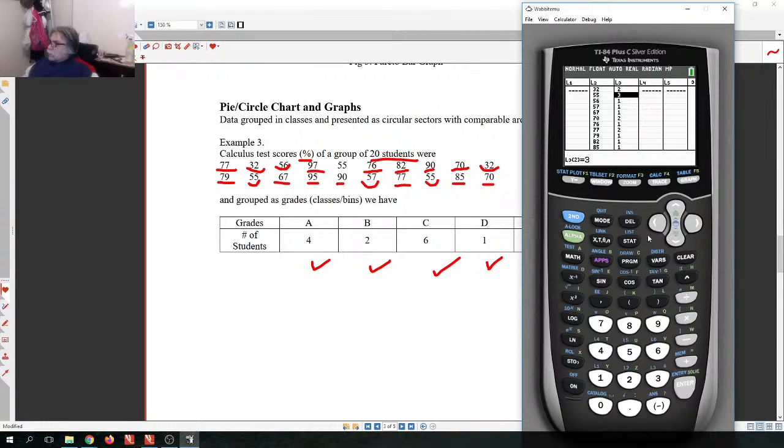So when you want to do some kind of calculation, you do the data list 2 and the frequency list for that data, and they have to align, meaning they have to have the same number of entries. I have that in list 3, and now you can do this kind of calculation.